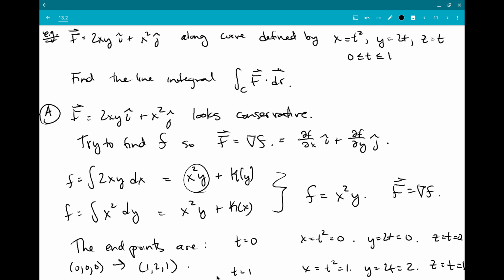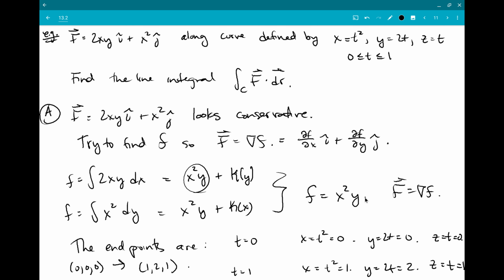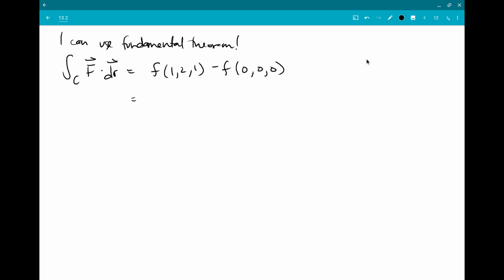And there is a z component for both these things, but my vector field actually doesn't depend on z or have a z component, so it ends up not mattering. And so this is going to be, for f equal to x squared y, 1 squared times 2 minus 0 squared times 0. So that's just 2.